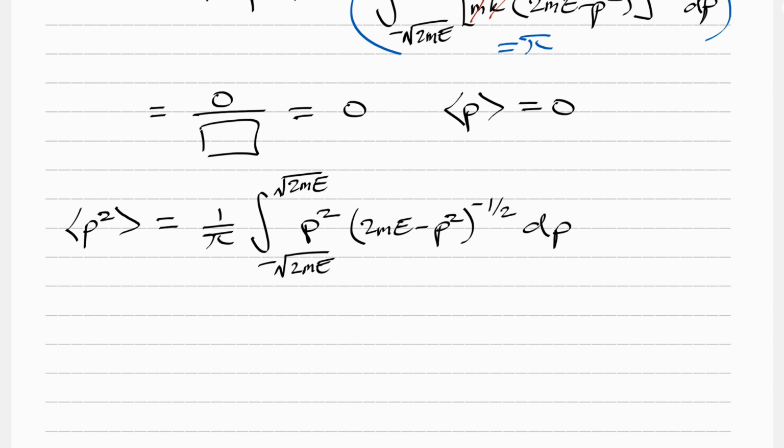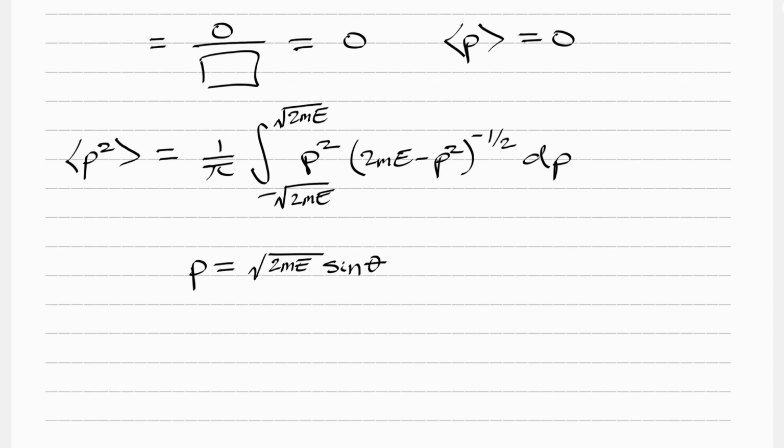So then we just define our trigonometric substitution once again, where p is equal to root 2me times sine of theta. Why am I picking this substitution real quick? Because this is the substitution you know how to pick when you've done these problems enough times.